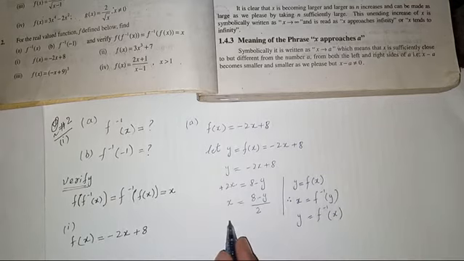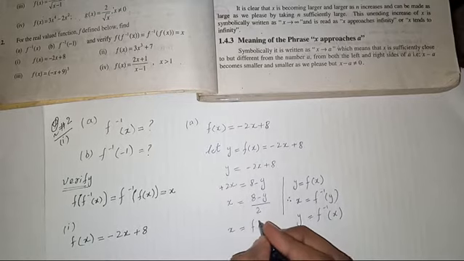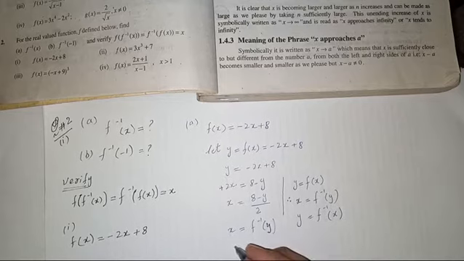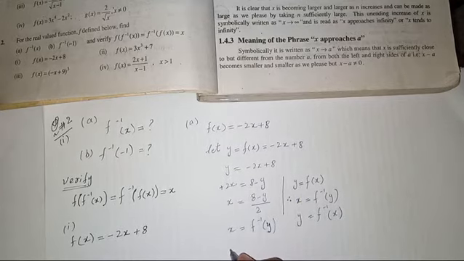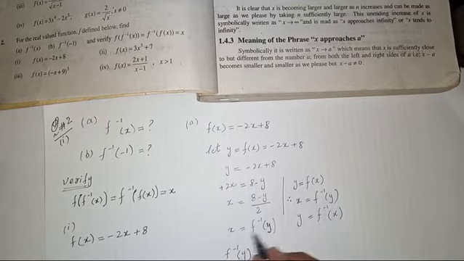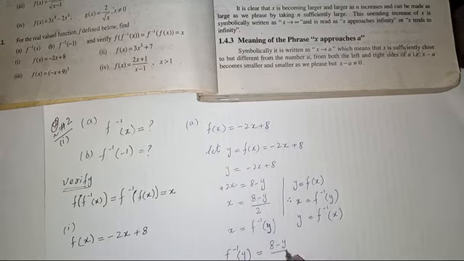So now x is equal to 8 minus y divided by 2, so we can write it as x is equal to f inverse y. Are you getting this point, girls? X is equal to f inverse y, so replace this x with f inverse y. F inverse y is equal to 8 minus y over 2.